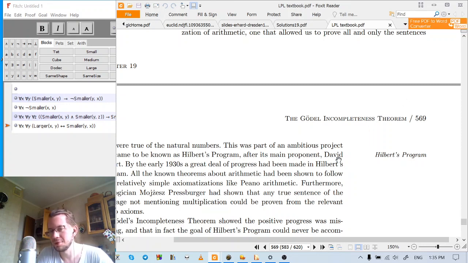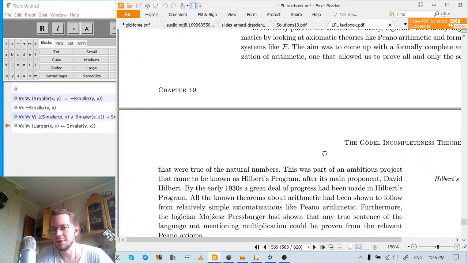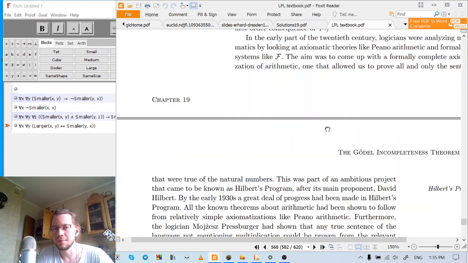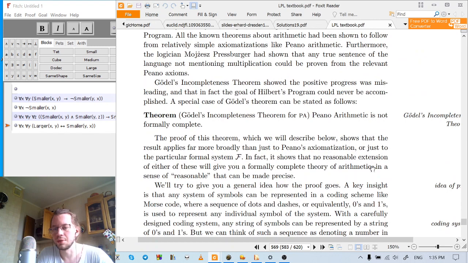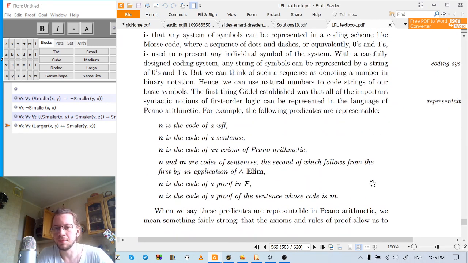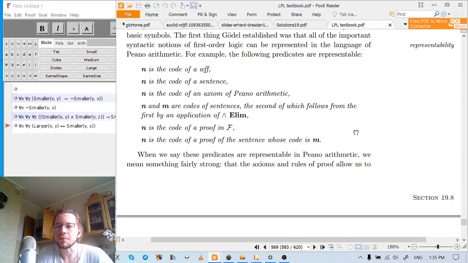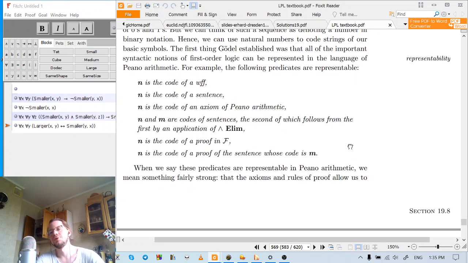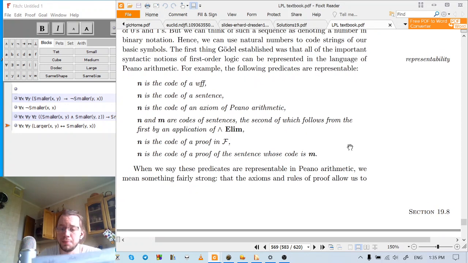So it really induces a frisson kind of feeling, or goosebumps. So what do they want us to know about representability?